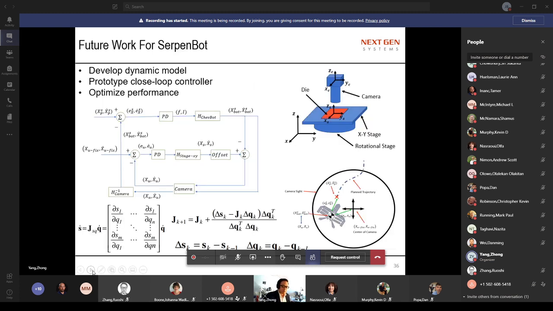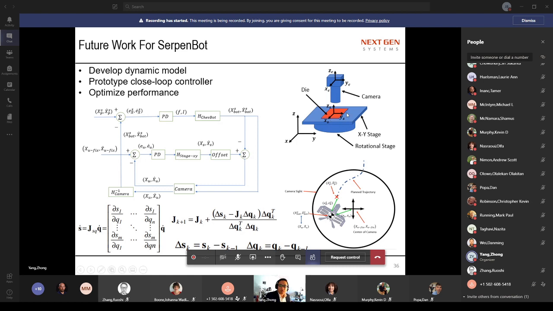For future work, I'm currently working on the control system for the microrobot. Basically, the control system of the serpent bot has a similar setup to our current experimental setup. You need a camera for the stages to do visual feedback, visual servoing. For this microrobot, there are supposed to be two control loops.